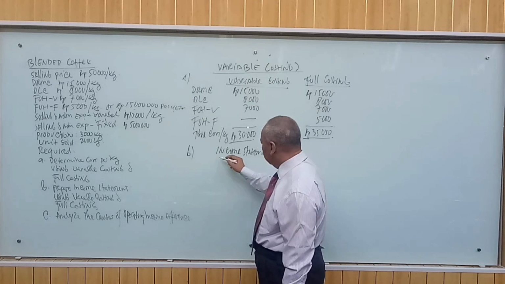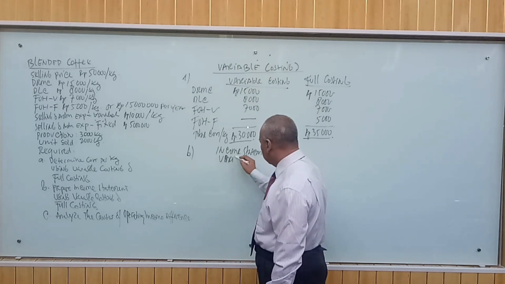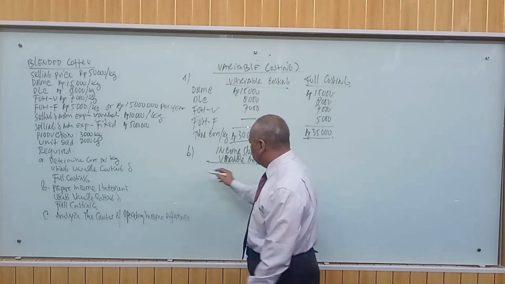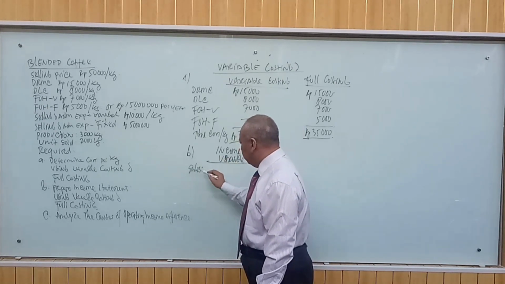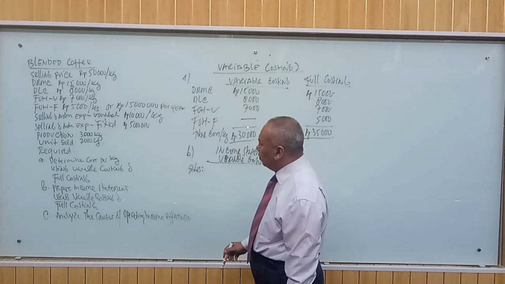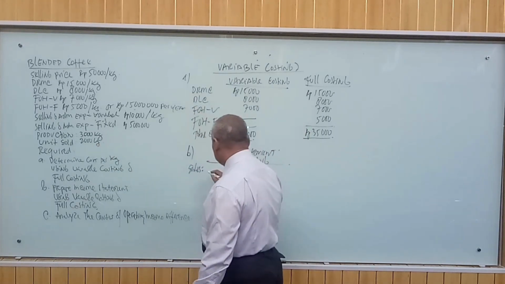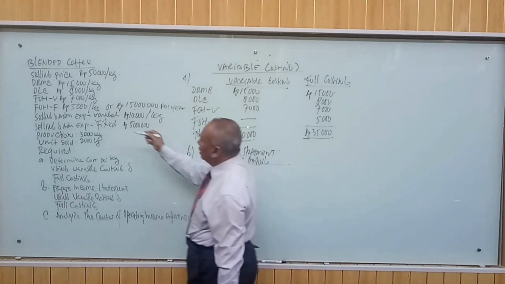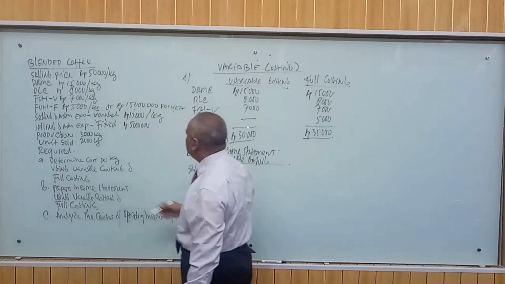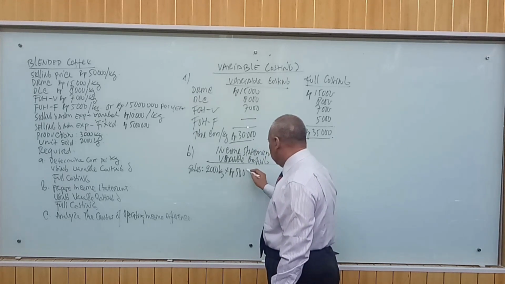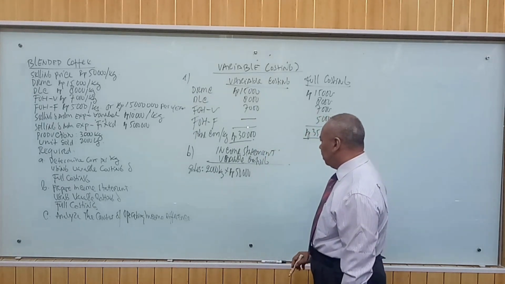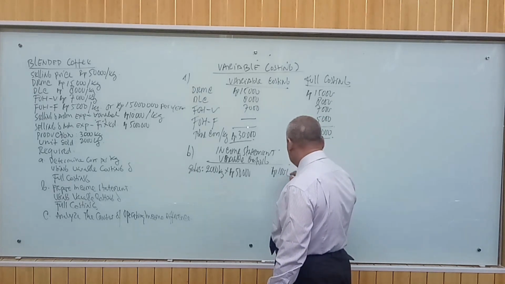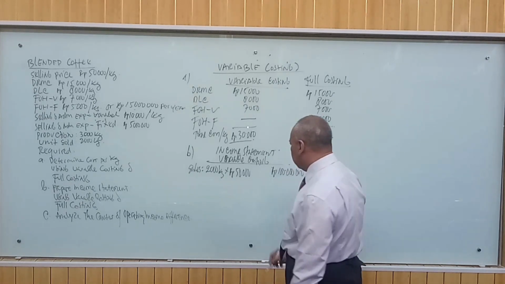Sales: because we sell 2,000 kg and the price per kg is 50,000, it will be 100 million.